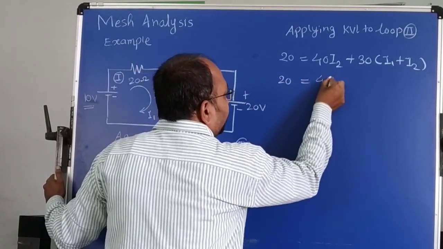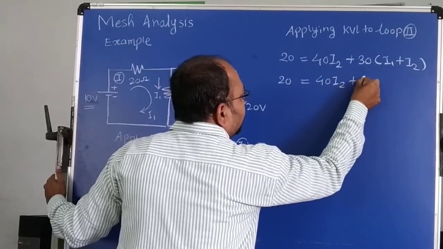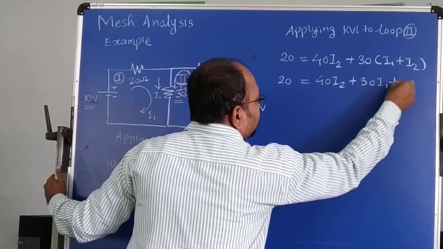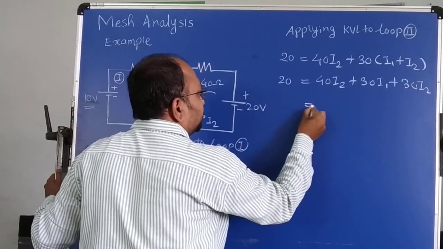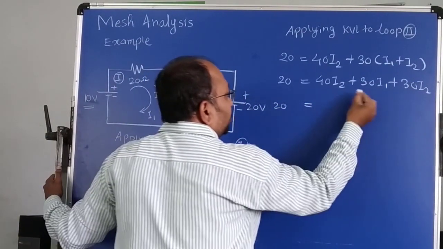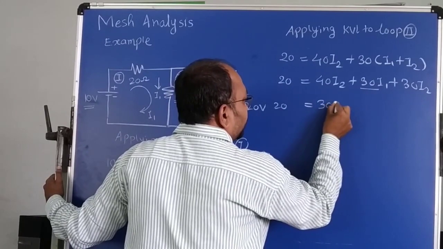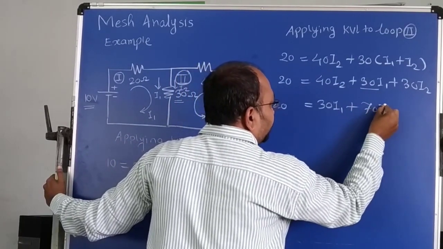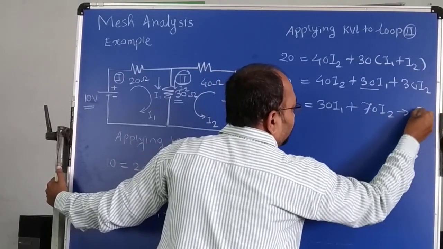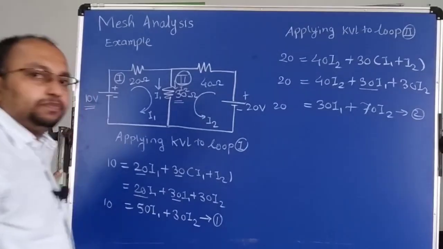Again multiply by that 30 inside the bracket, expand this equation, and then rearrange it. So 30 I1 we take over here, plus what about 40 plus 30? It comes as 70 I2. So you have got this as equation number 2.